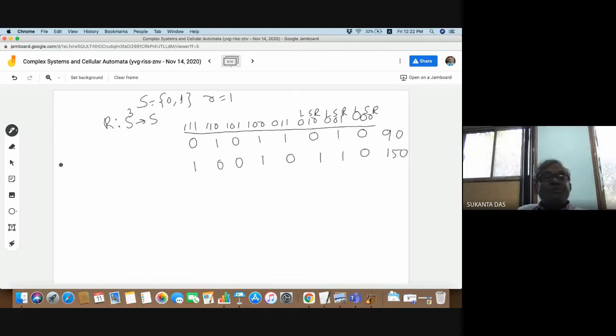And what is my rule vector? My rule vector is 150 90 150 90. Boundary condition is null boundary condition.